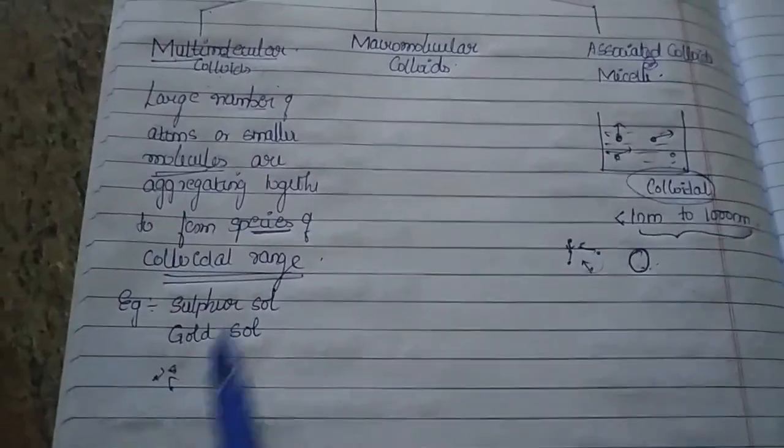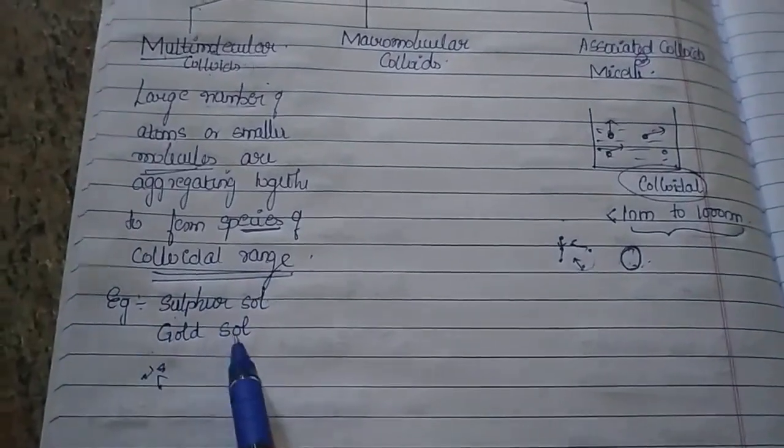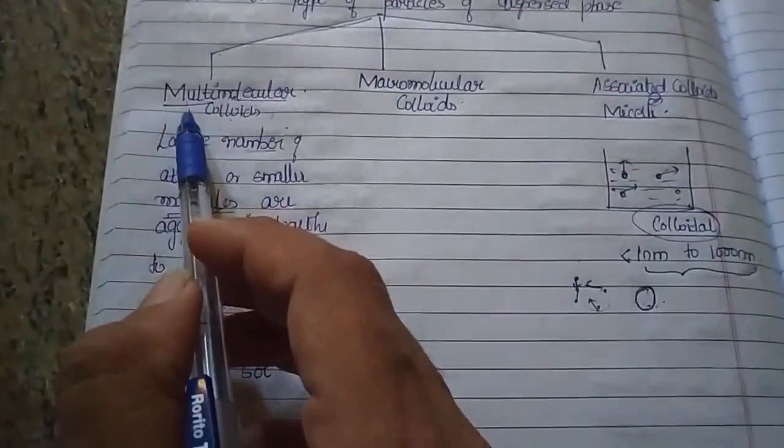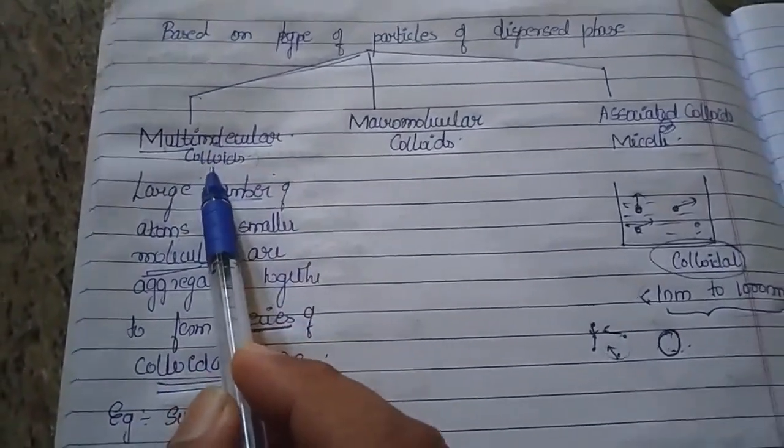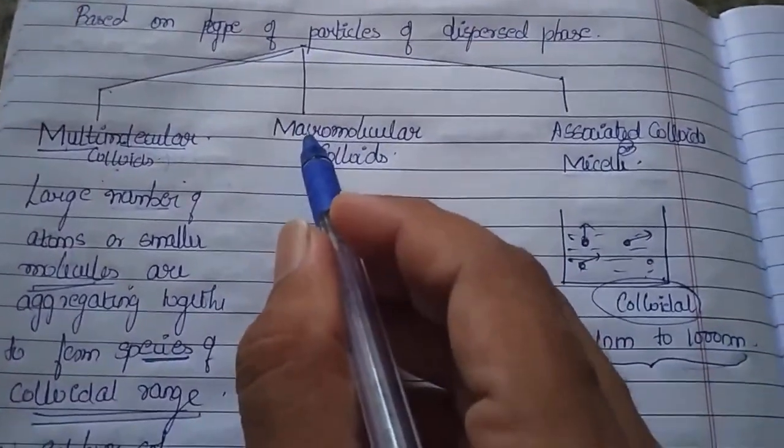That is the reason we are taking the sulfur salt or that of your gold salt as the example for your multimolecular colloids. Coming to the next part, which is called as what?